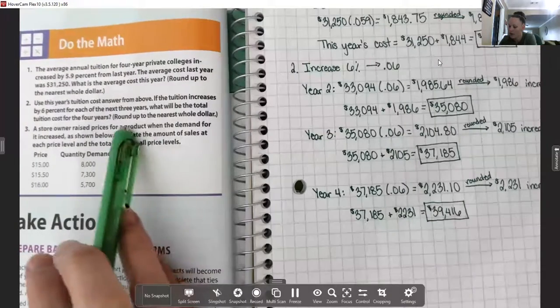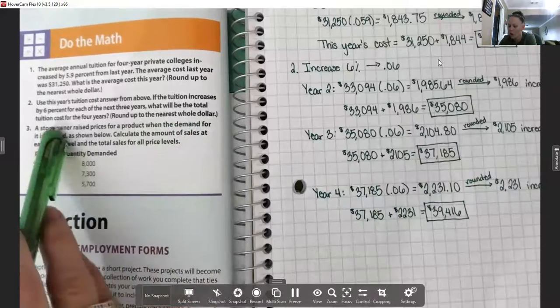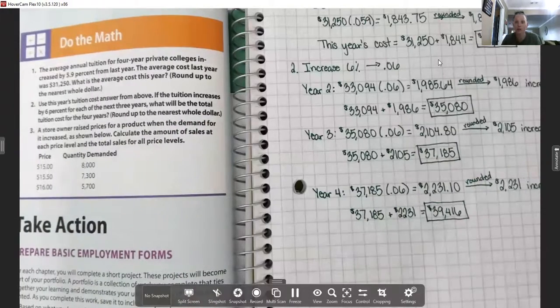And then remember, going back to the question, what will be the total tuition cost for the 4 years? So total means we add them all up.